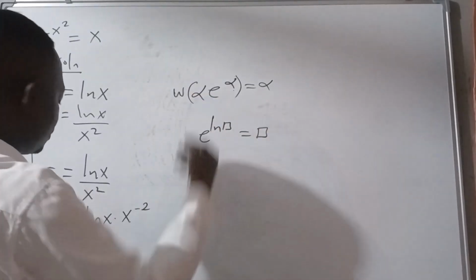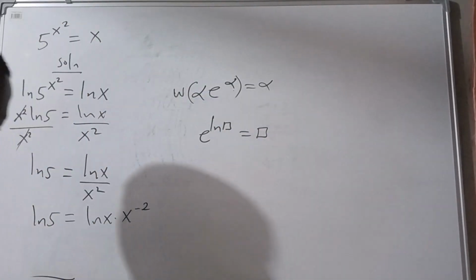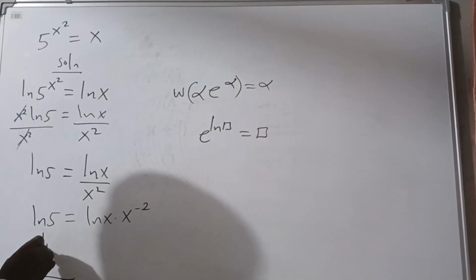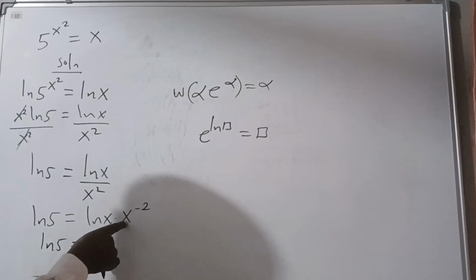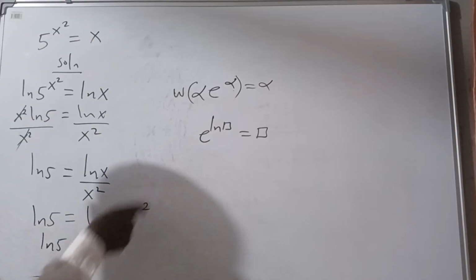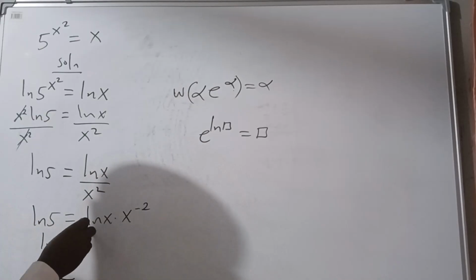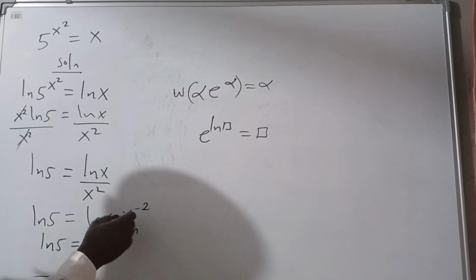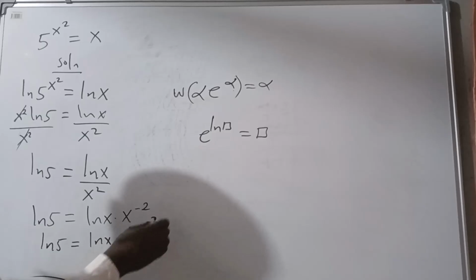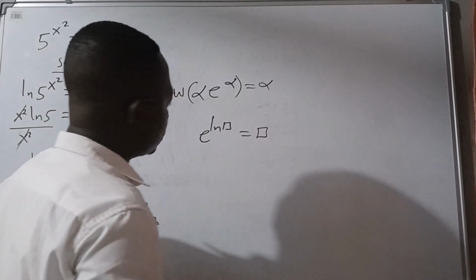So we are going to apply these two properties here. So I will say ln of 5 equals ln of x times e raised to ln of x raised to minus 2.